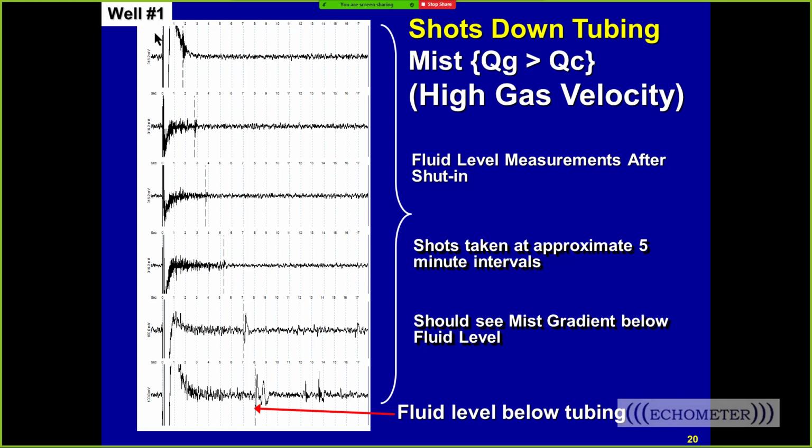Well, it depends. If the casing was filled with liquid, which is common for a gas well with packer, they fill it with treated liquid, treated water, and you shoot the casing and you have a fluid level down deep, then either the packer's leaking, there's a hole in the casing, or maybe you got a hole in the tubing.